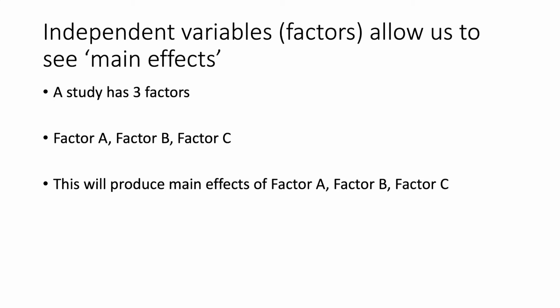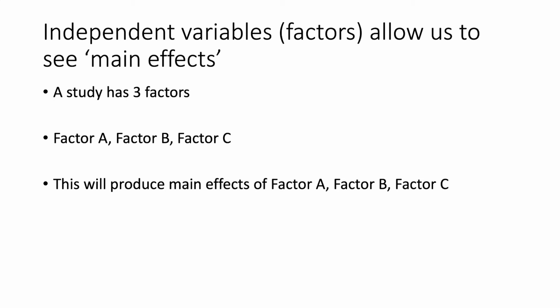So the idea here is to think about factors as giving us pieces of individual information. So if you have a study that's got factor A, factor B, or factor C, so that's just 3 independent variables, right? Let's not worry about the levels just for now.